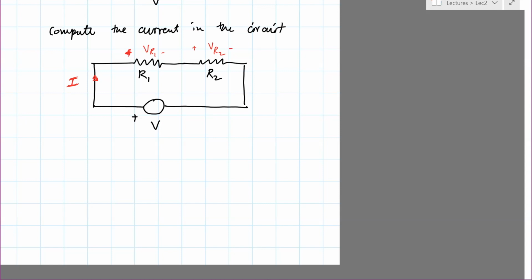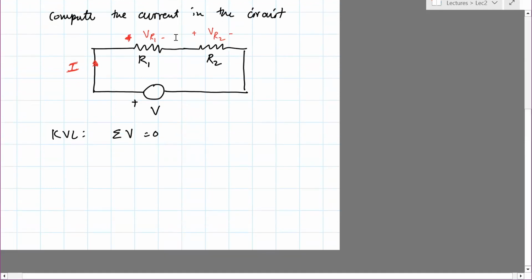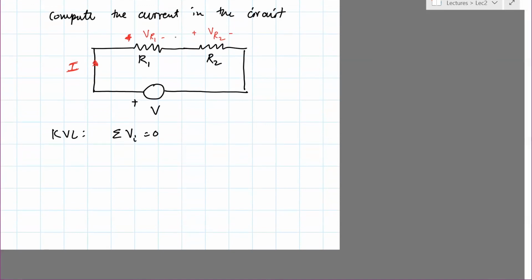So now what we can do is use KVL because it's a closed loop, and write down summation V equals 0. So here we have V, and since this positive is connected to that positive, we need to put a negative sign, and the same for VR2. I'm just following the same convention I followed earlier.